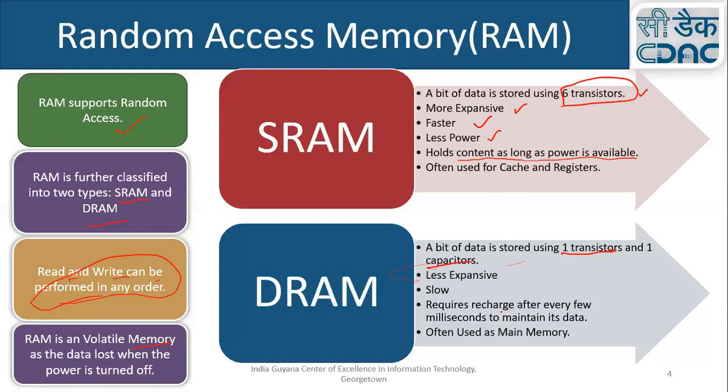Now see this DRAM concept: it requires recharge after every few milliseconds to maintain its data. Remember this definition. RAM is a volatile memory as the data is lost when the power is turned off. So either in SRAM or in DRAM, as the power is gone, data is lost.